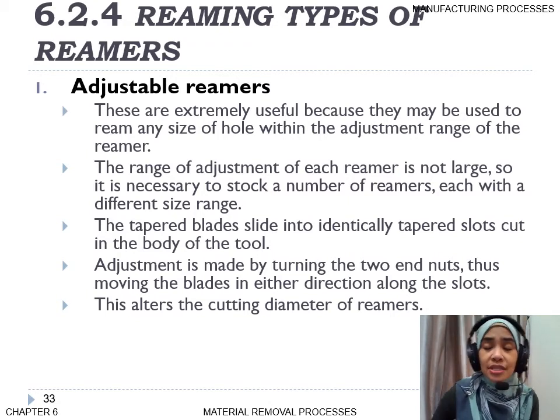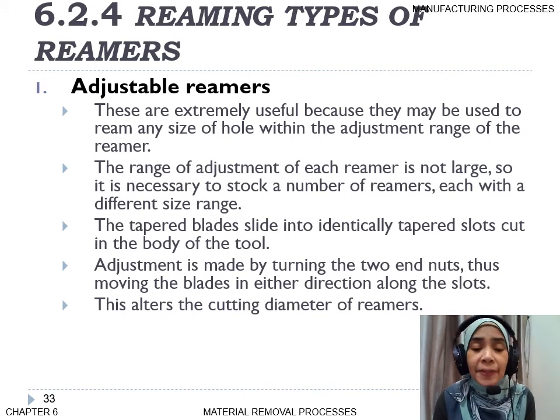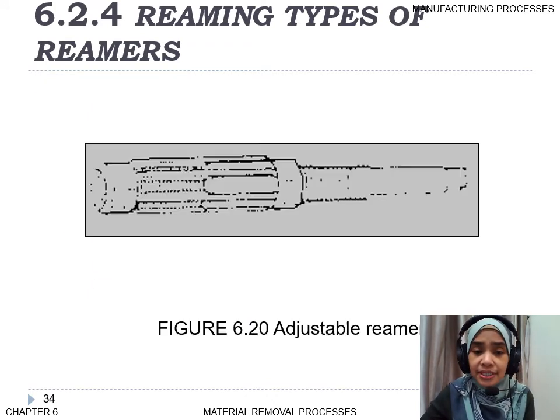Each of these reamers has a specific size. The tapered blades slide into identically tapered slots cut in the body of the tool. Adjustment is made by turning the two end nuts, thus moving the blades in either direction along the slot. This alters the cutting diameter of the reamer.